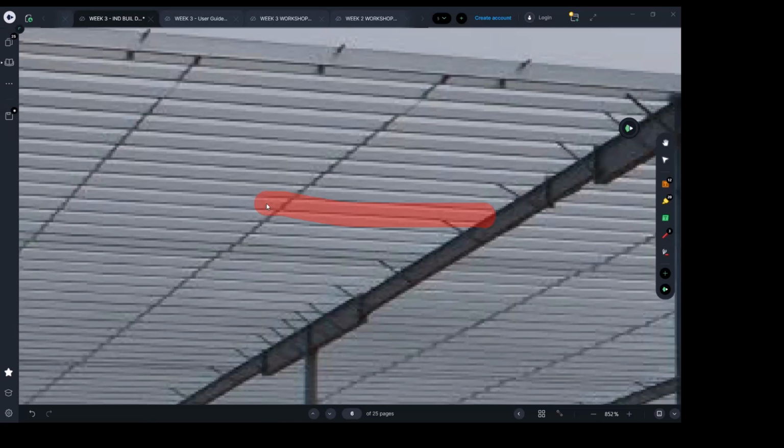What's the other one? Transferring the load from the sheeting material to the portal frame. That's what I said. So that's the same answer as mine, isn't it? I've already said the purlins are supporting the sheets, and you just said it is transferring the load from the sheet to the rafter. It's just the same answer.